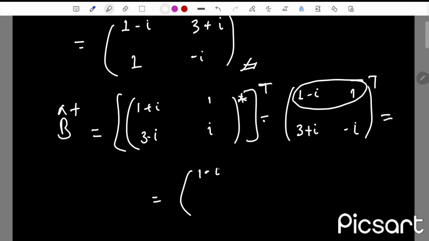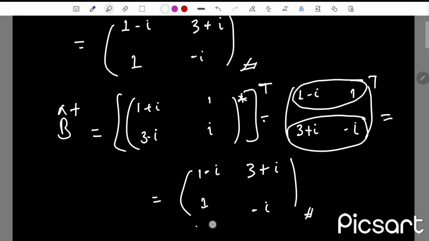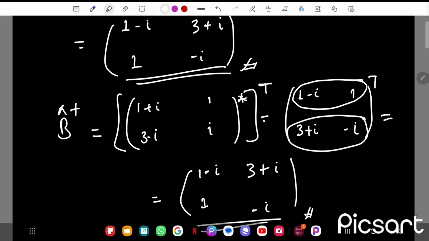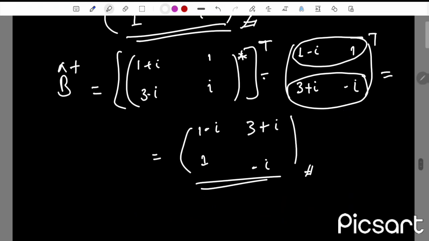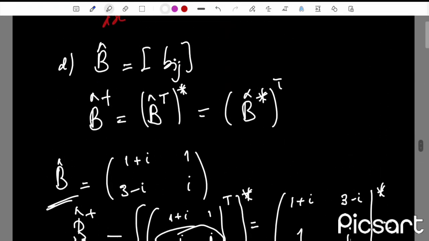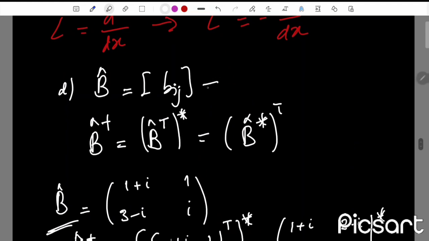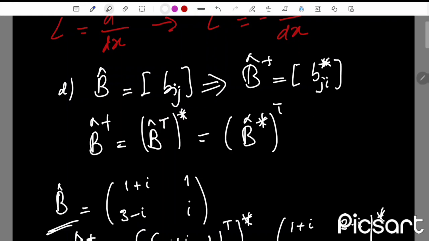We have 1 minus I, 1, and then 3 plus I, minus I. As we can see, this is actually equal to the previous expression. So B dagger is equal to the complex conjugate of Bji, as we have seen here.